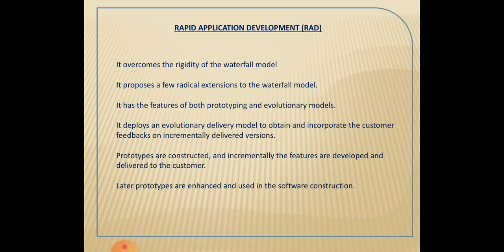This model deploys an evolutionary delivery model that attempts to obtain customer feedback on incrementally delivered versions, as we saw in the earlier sessions. It is developed in an incremental manner, and in each increment it gathers the customer feedback.